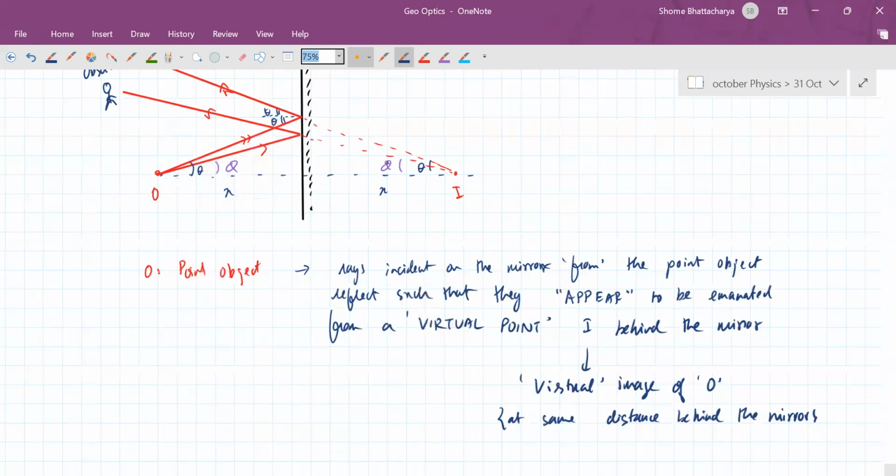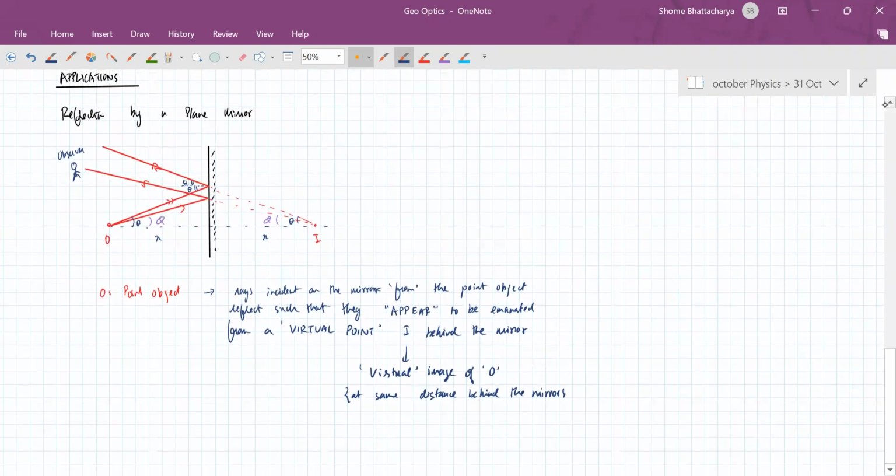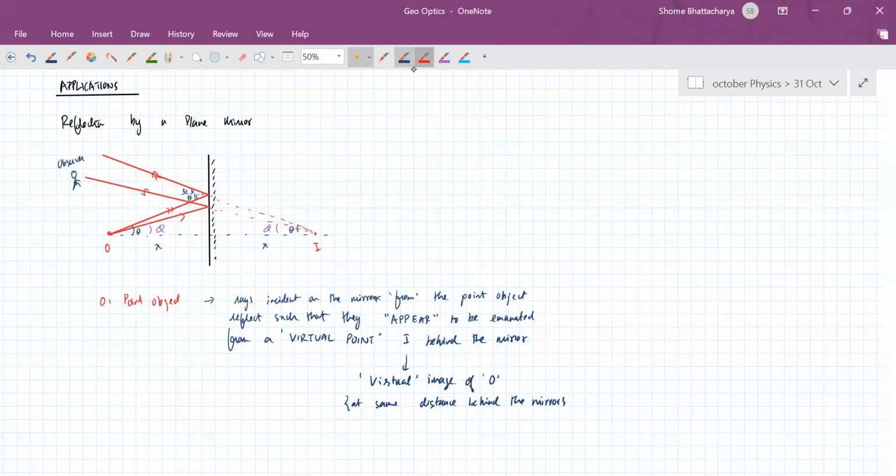So hence a point object produces a virtual point image which is at the same perpendicular distance behind the mirror as the object is in front.